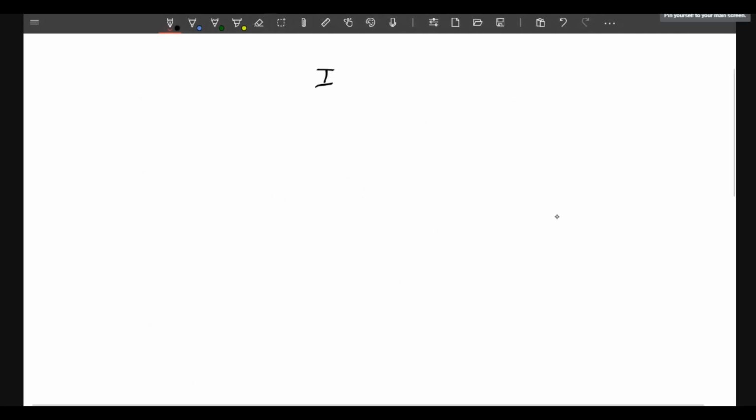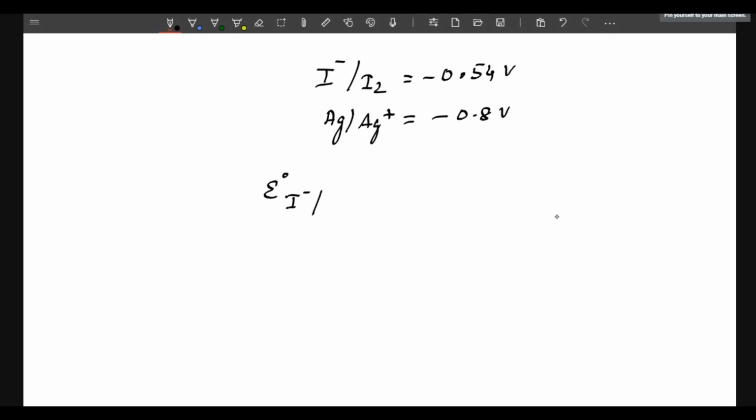Iodide bar iodine, oxidation potential is minus 0.54 volt, and the combination is silver for silver plus, or gold for gold plus, it is minus 0.8 volt. Of these two, which has the higher potential? This iodide, therefore the anode is iodine minus, I2, oxidation.